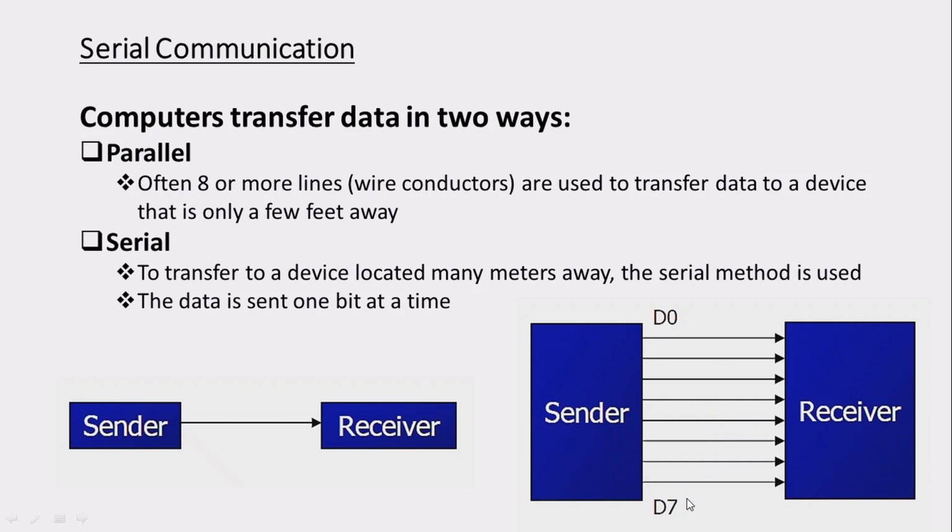That is why parallel communication is used if we have a shorter distance between the sender and receiver, and serial communication is used if we have a longer distance between the sender and receiver.